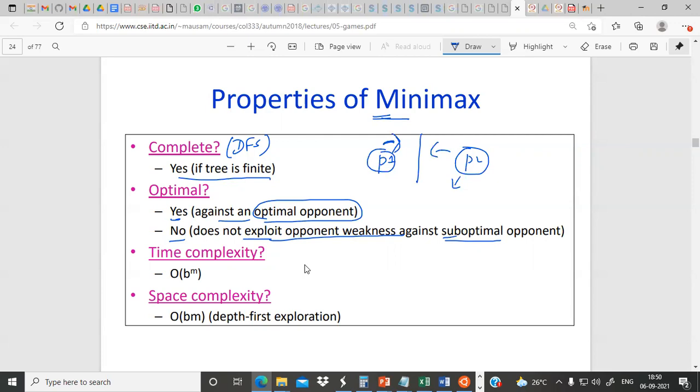So in that context, if the opponent is not optimal, the algorithm is not optimal. Its time complexity is the same as that of depth first search, order of b to the power m, and its space complexity is again the same as depth first search, order of bm.